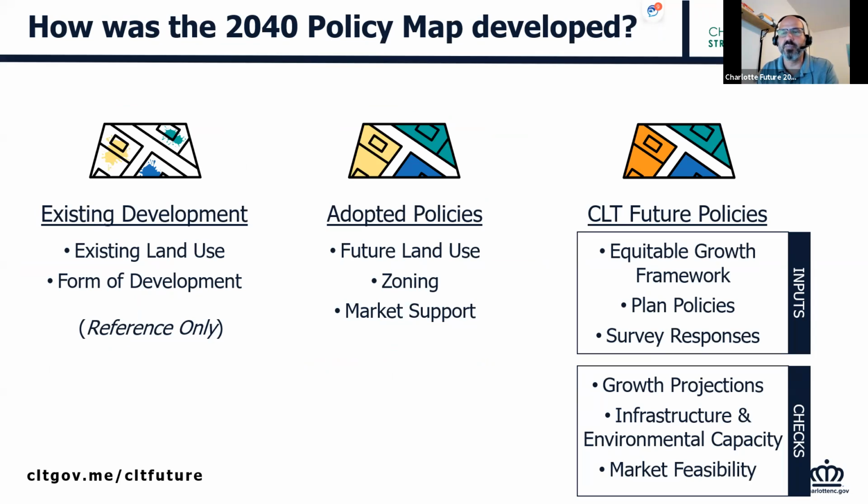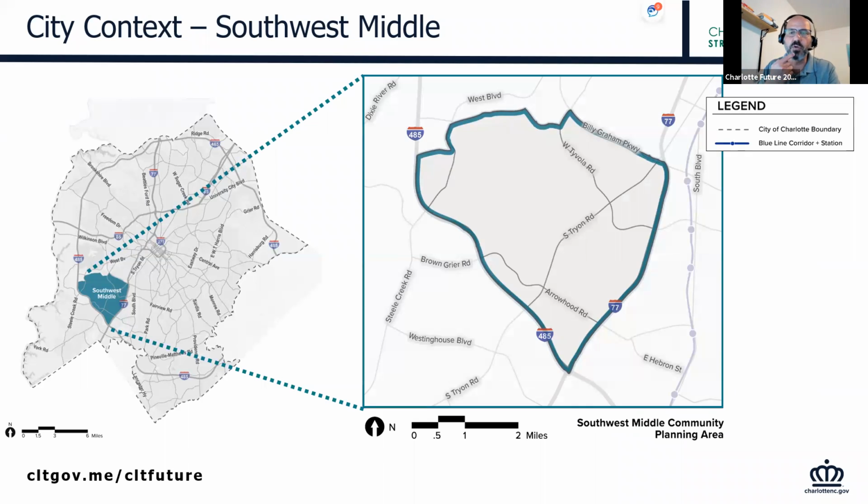So there were several data inputs used in each of the 3 mapping steps. Again, for the sake of time, I'll touch upon these data inputs as we review the policy map recommendations in this area. Tonight, we're focused on the phase 2 community conversations, and they're organized around 15 community planning areas throughout the city.